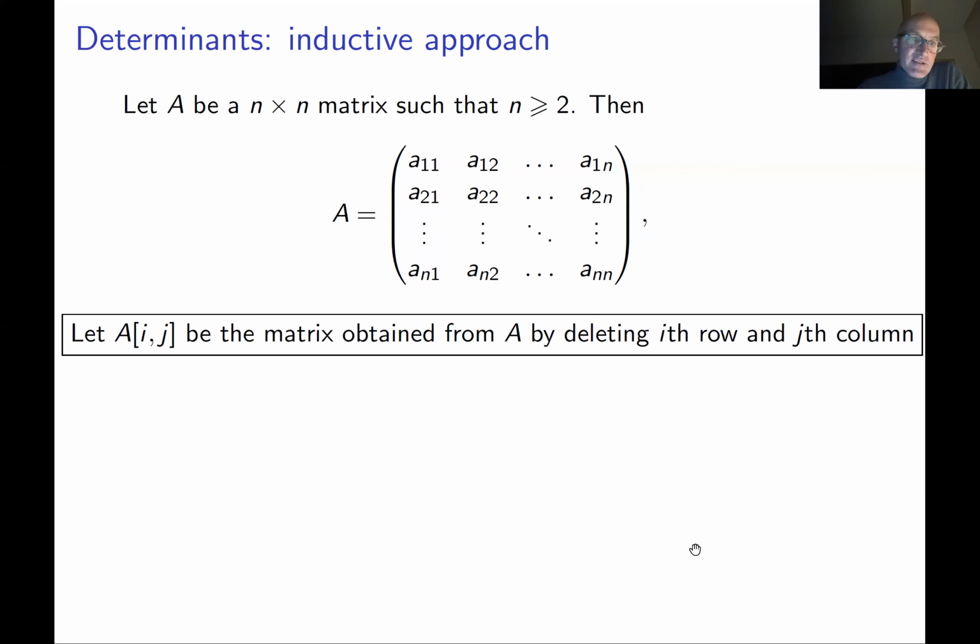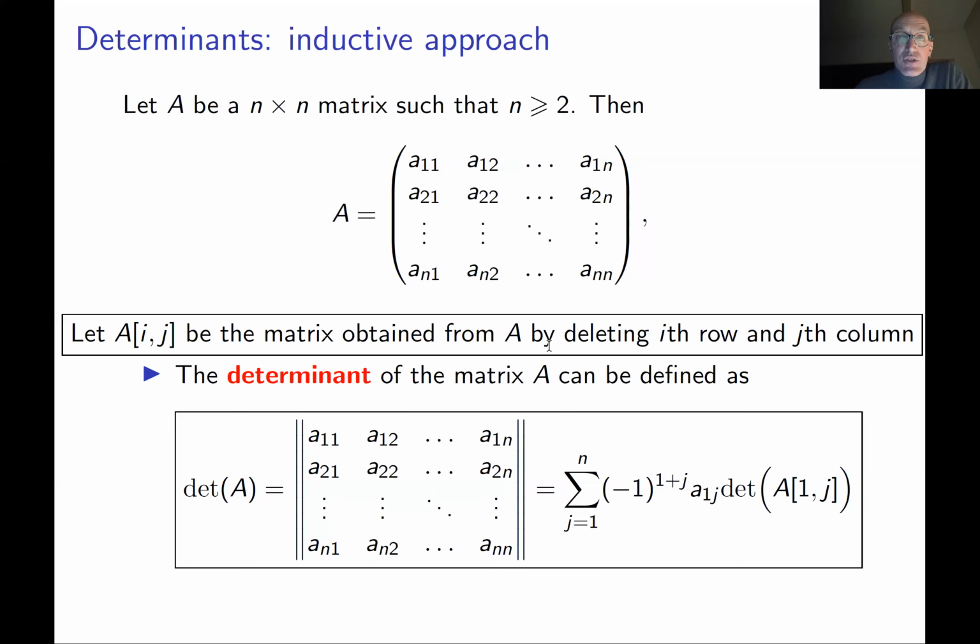So let me just summarize what I just said. To do this, let me denote the matrix obtained from A by removing the ith row and jth column by the symbol Aij. So this is going to be an n-1 times n-1 square matrix. And then we can define the determinant of the matrix A using this inductive formula.